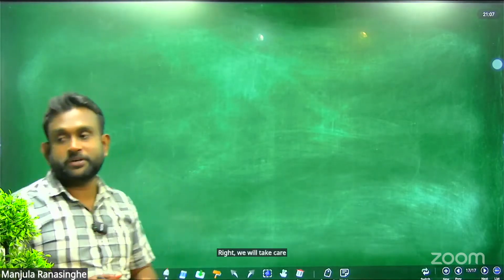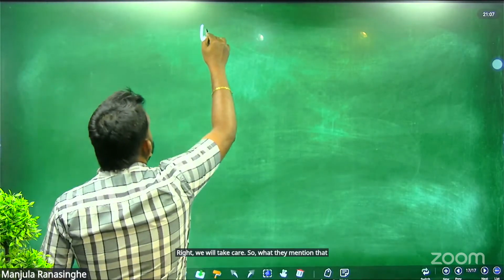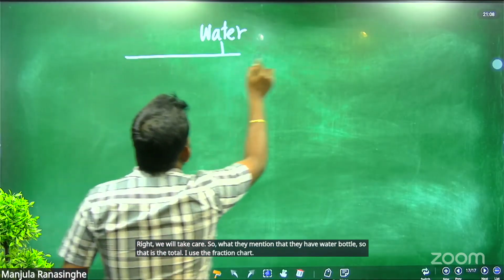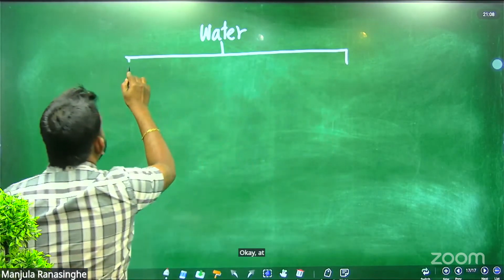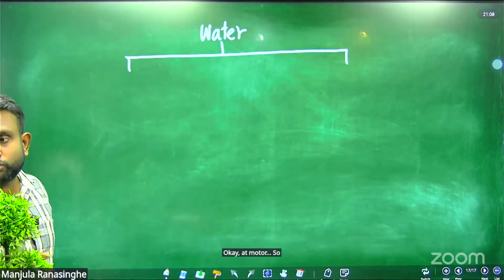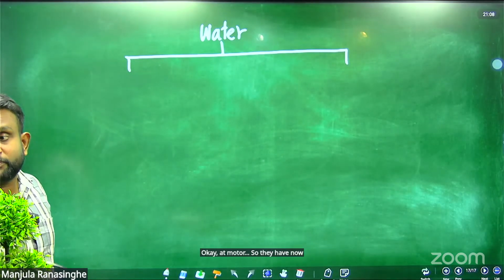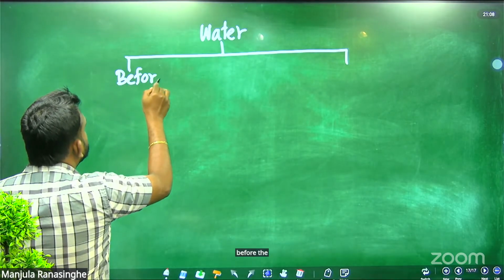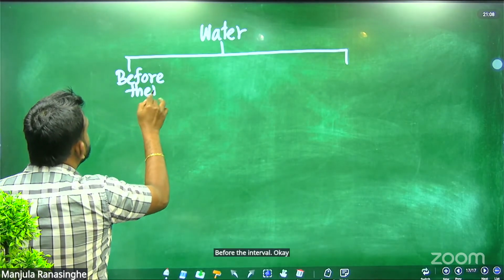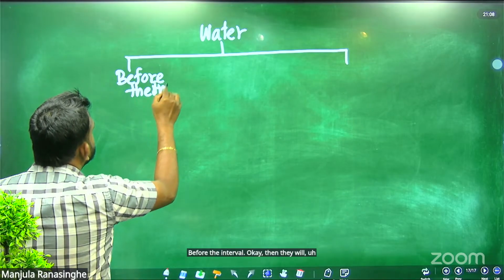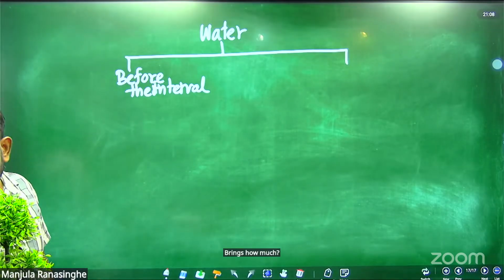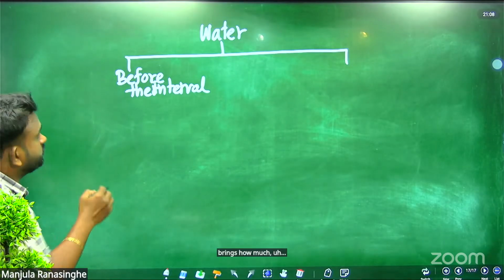What they mentioned is that they have a water bottle. So that is the total. I use the fraction chart. Before the interval, they drank 1/6 of it.